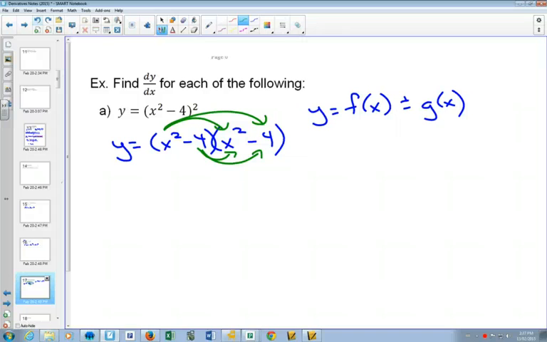Multiply everything through. And you would get x to the 4 minus 8x squared plus 16. And now we've got a bunch of individual functions that we know how to take the derivative of.